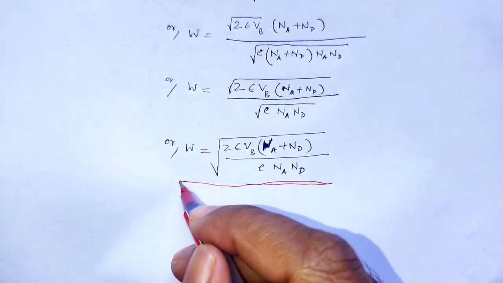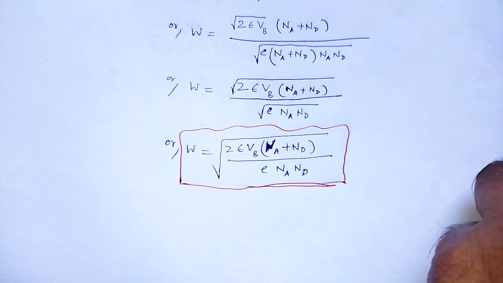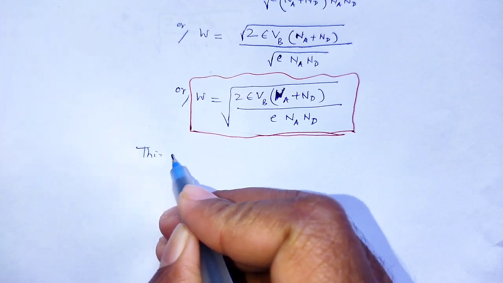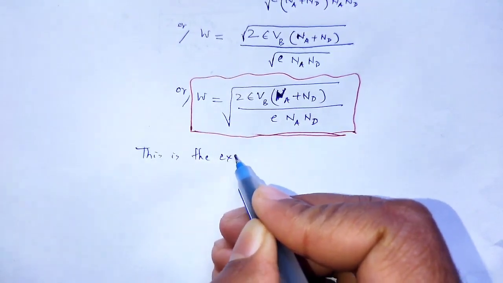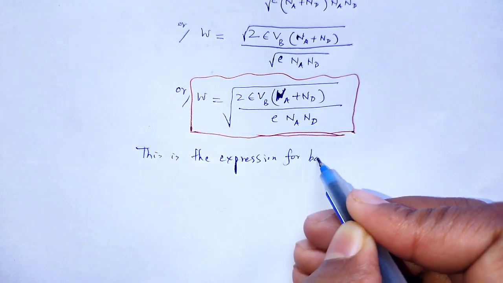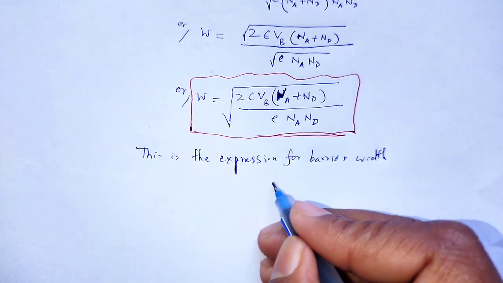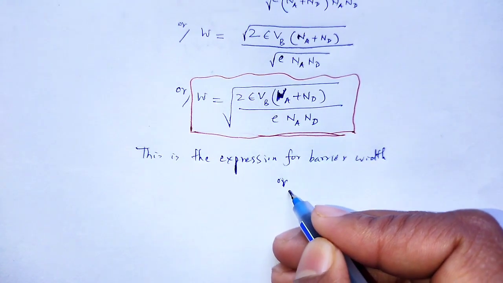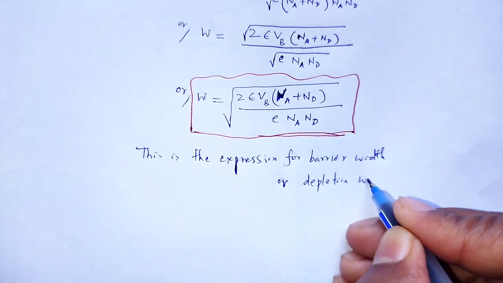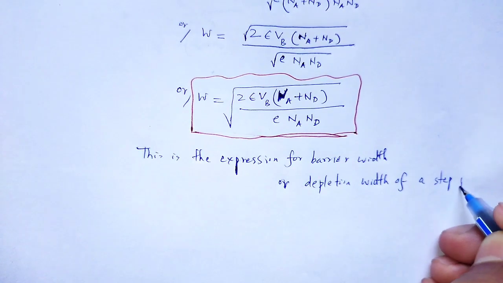So, that is the required expression for barrier width. This is the expression for barrier width or depletion width of a step junction.